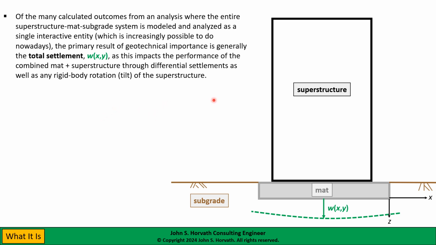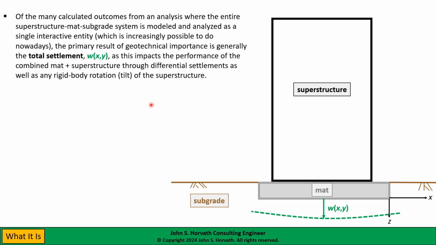The primary result of geotechnical importance would typically be the total settlement W. And that's because the performance of the mat and the superstructure supported on the mat is going to be governed by differential settlements, as well as any rigid body rotation or tilt of the superstructure. As we know, with high-rise buildings, you can actually get into a situation where the tilt of the structure becomes a controlling factor.